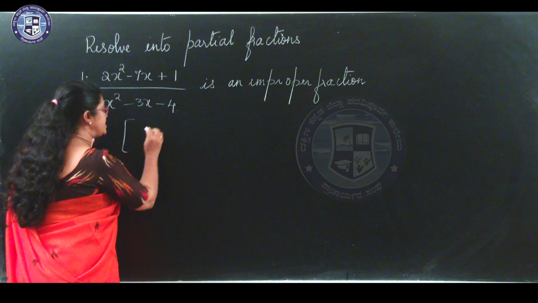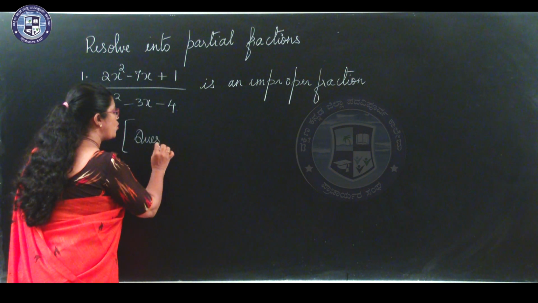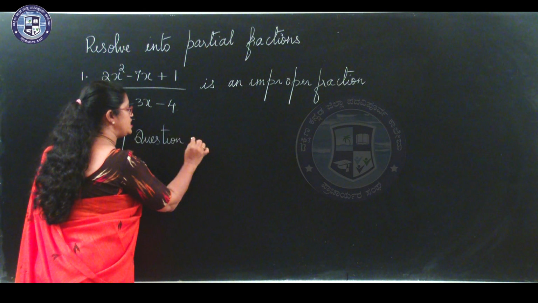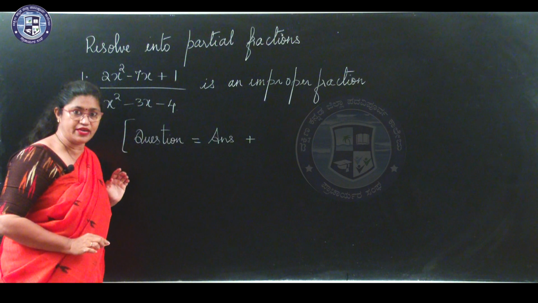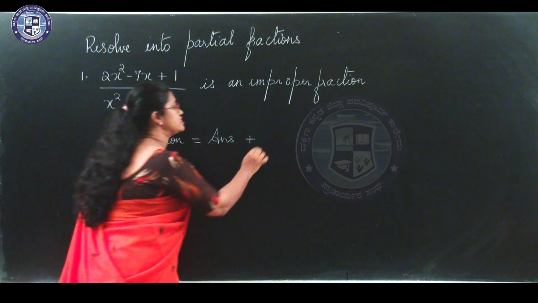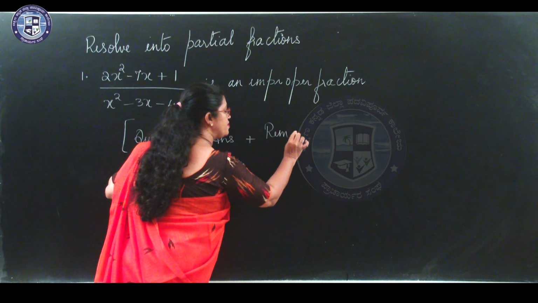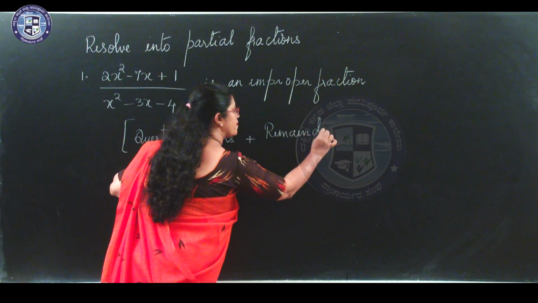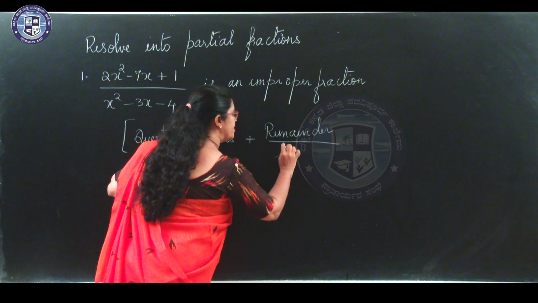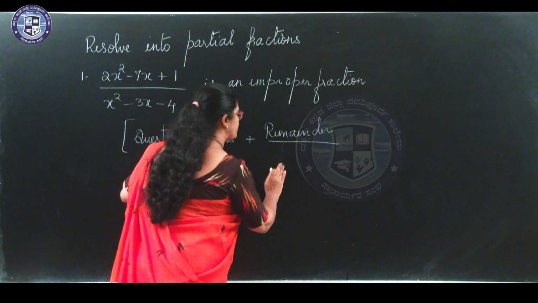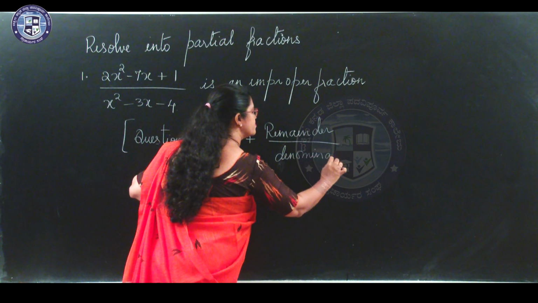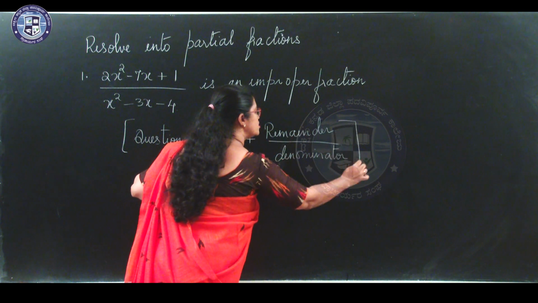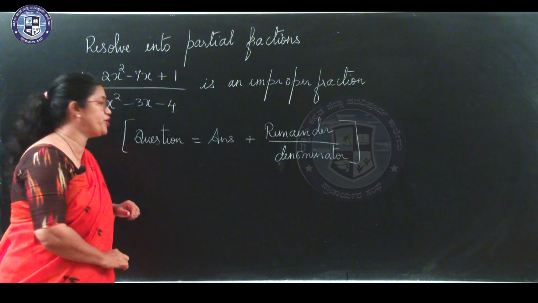I will represent this in the form: question is equal to whatever answer you get when you divide, plus the remainder divided by denominator. So this is the format that we are going to write.